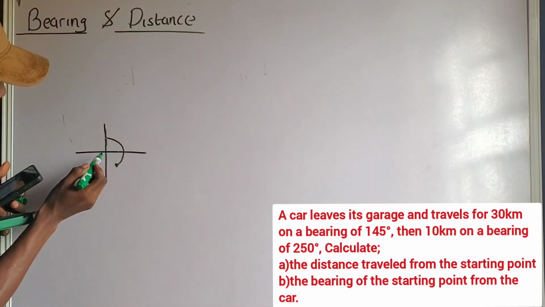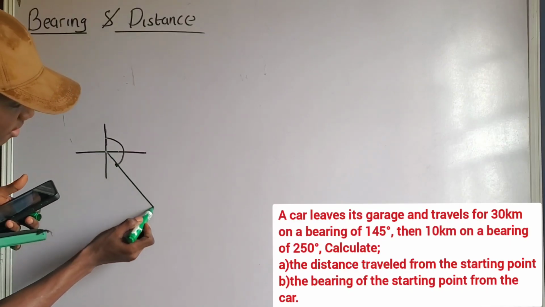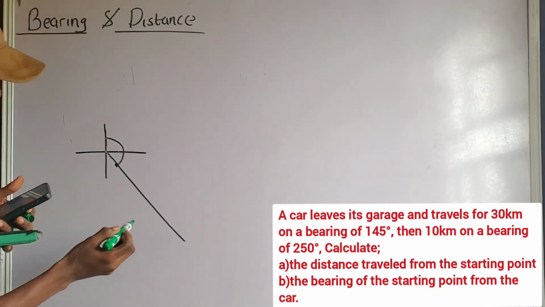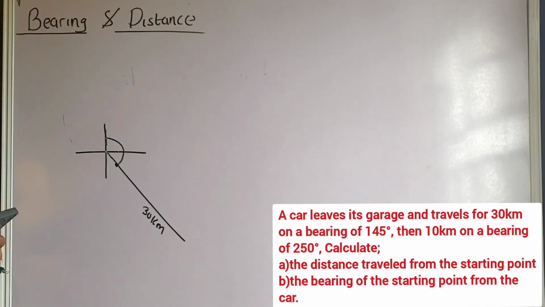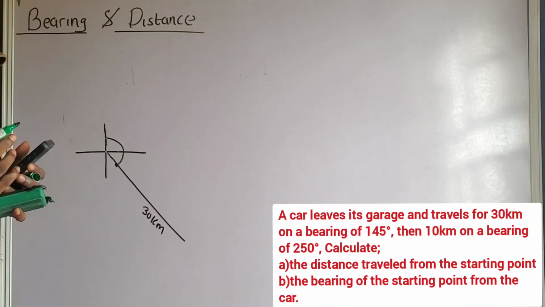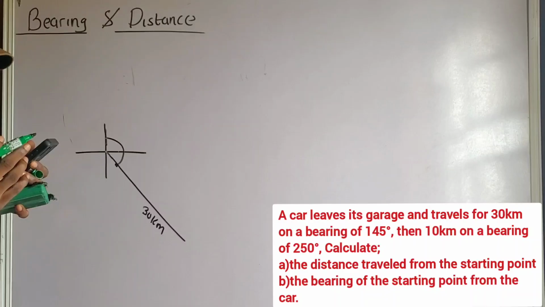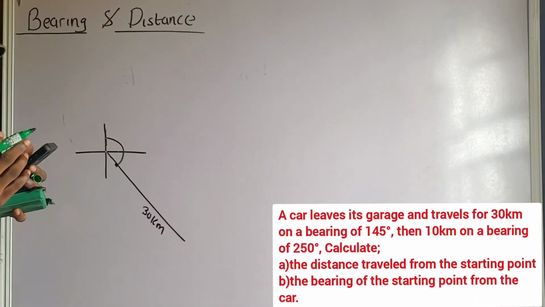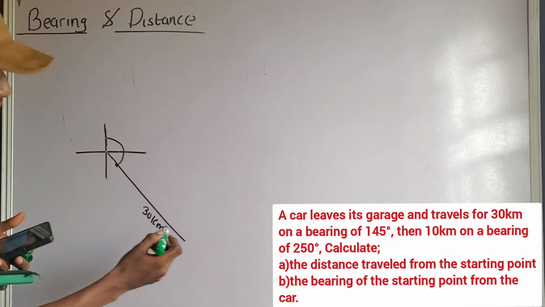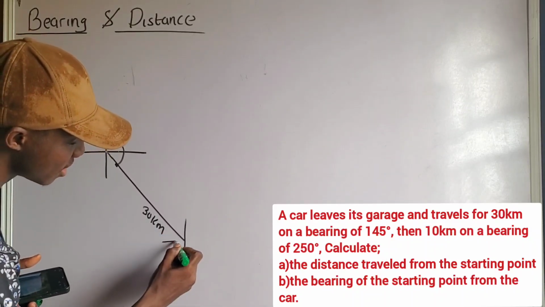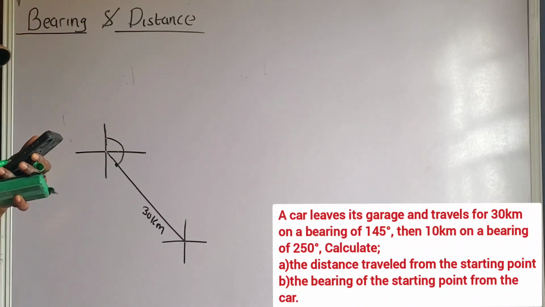So that means that we're going to do something like this. The distance is what? 30 kilometers. So this is 30 kilometers. Do you understand? Okay, now then 10 kilometers on a bearing of 250 degrees. Having traveled 30 kilometers, the same car, when it got to this point, it traveled 10 kilometers on a bearing of 250 degrees.